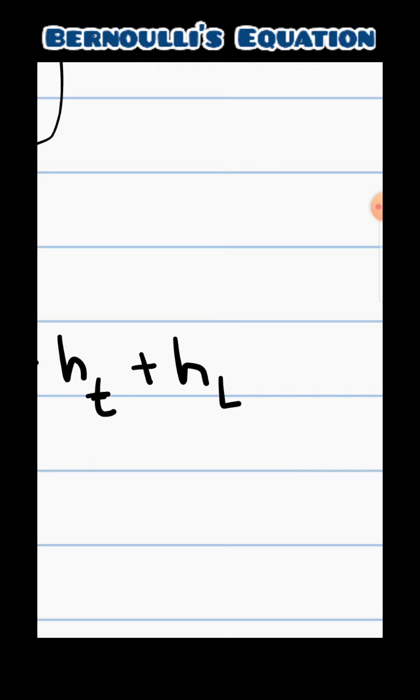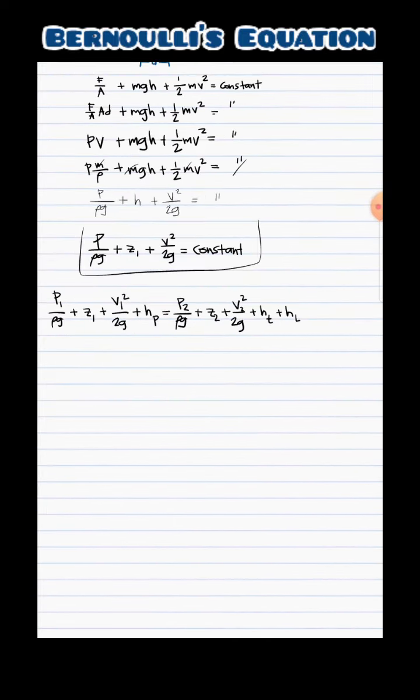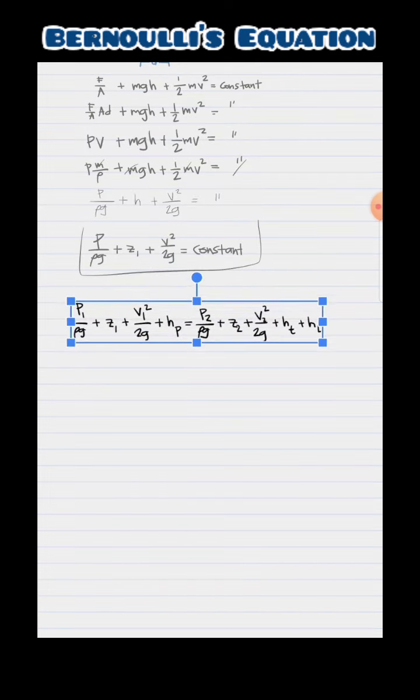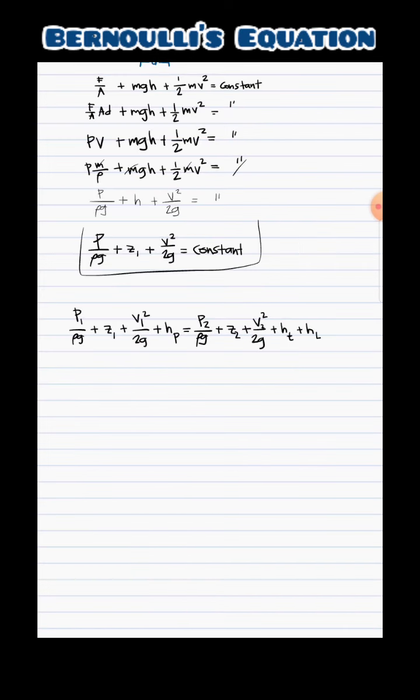That's mainly because of friction due to the pipe. Minor losses could be due to pipe fittings, bends in the pipe, sudden expansion and contraction of pipes, and many more. So that's head losses, and this is basically the extended version of Bernoulli's equation.